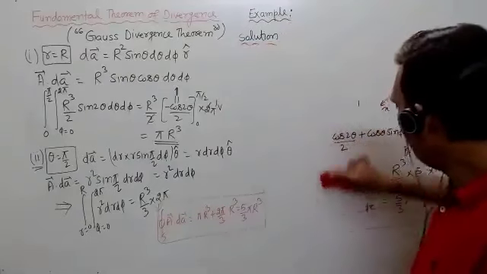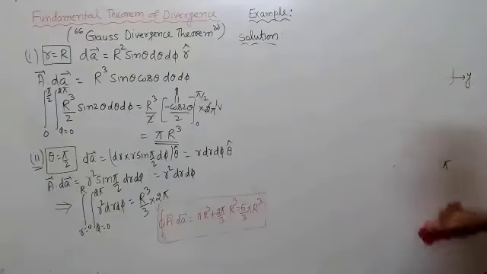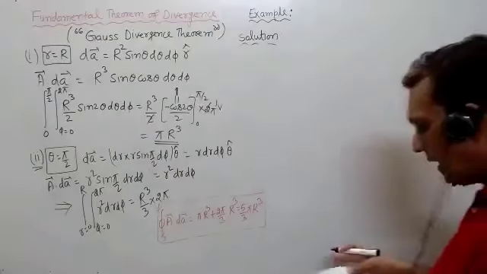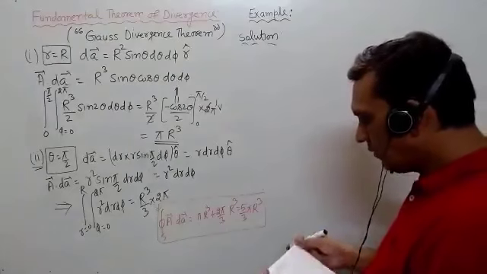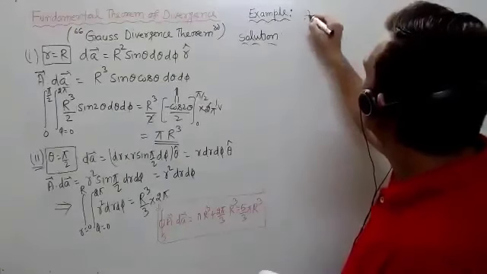So next example is in cylindrical coordinate system. Now vector A is given in cylindrical coordinate.